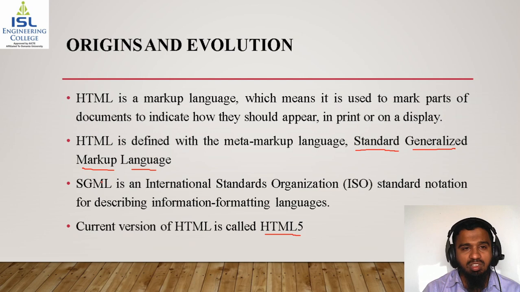So this is the introduction of HTML. Why do we need to use HTML? It is a markup language, used to display or print, and this is a meta markup language, Standard Generalized Markup Language, an International Standards Organization standard notation for describing information formatting language.